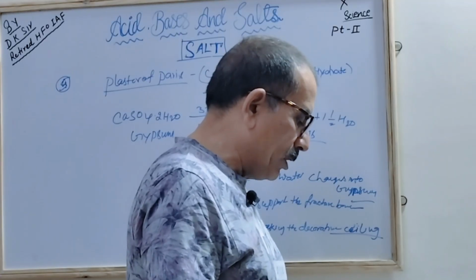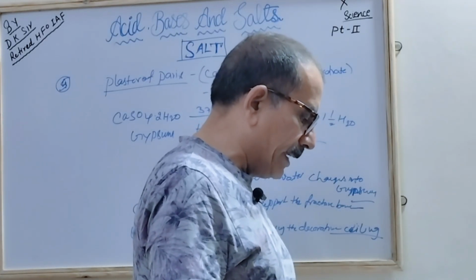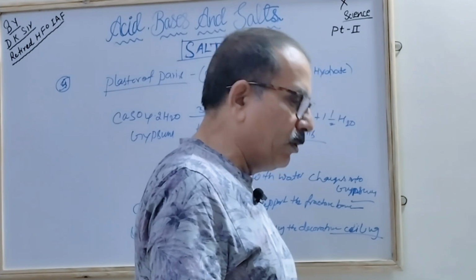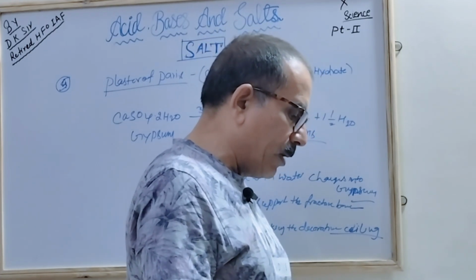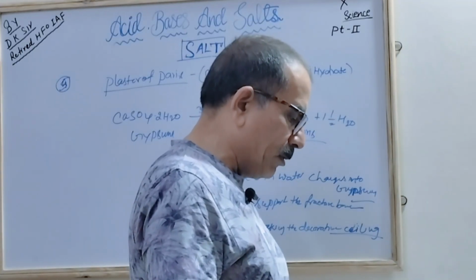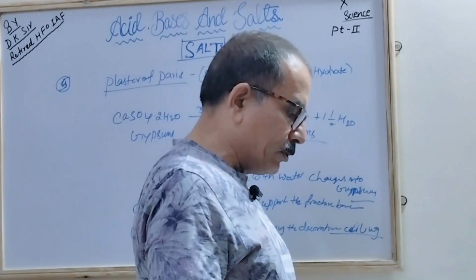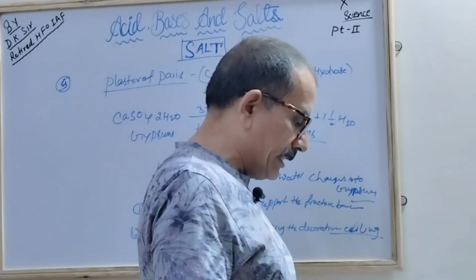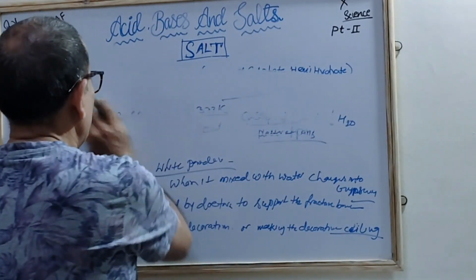Five water molecules are present in one formula unit of copper sulfate, so that becomes blue vitriol. The other salt which possesses water of crystallization is gypsum. It has 2 water molecules as water of crystallization. This water is removed by heating the crystals of the hydrated salt. So remember these two sentences only.